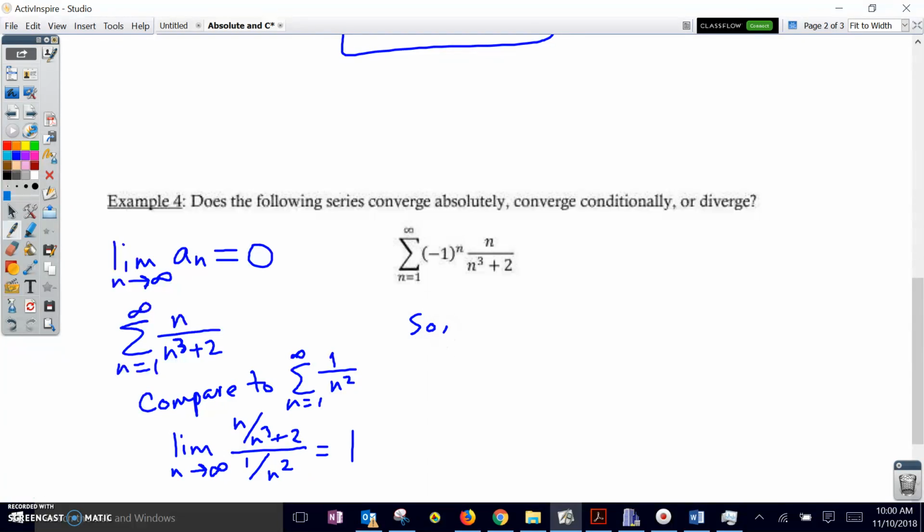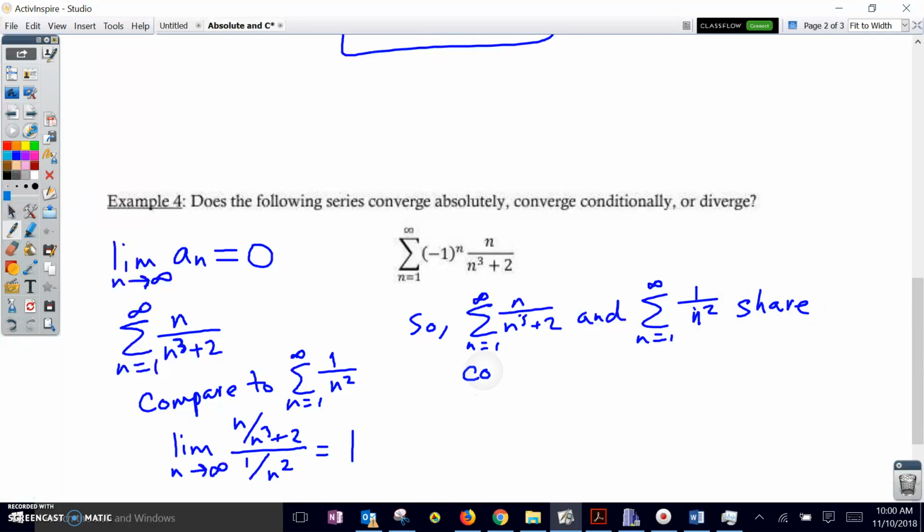So the sum from 1 to infinity of n over n cubed plus 2 and the sum from 1 to infinity of 1 over n squared share convergence behavior by the limit comparison test.